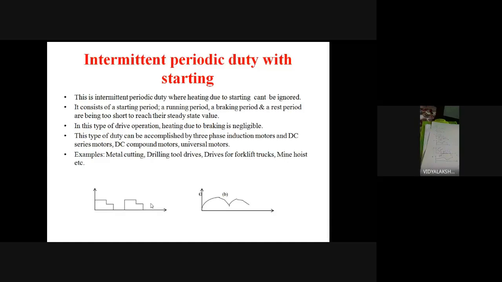That is nothing but what I already said. In some cases, we have to consider the starting, braking and running. In some cases, we only talk about the starting period. So based on our application, based on our drives, we can change the motor duty. For example, billet mill drives, electrical suburban drives and machine tool drives.